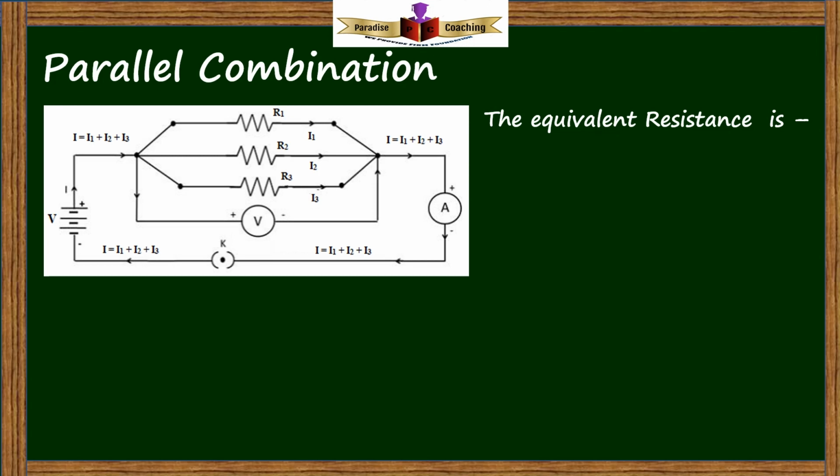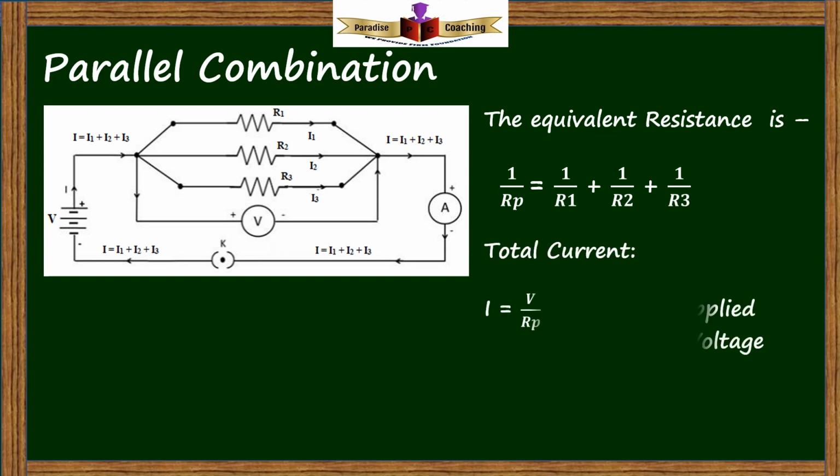In parallel combination, the reciprocal of the equivalent resistance is the sum of the reciprocals of individual resistors. Total current is equal to the applied voltage divided by the equivalent resistance. The current in each branch is calculated as I = V/R.